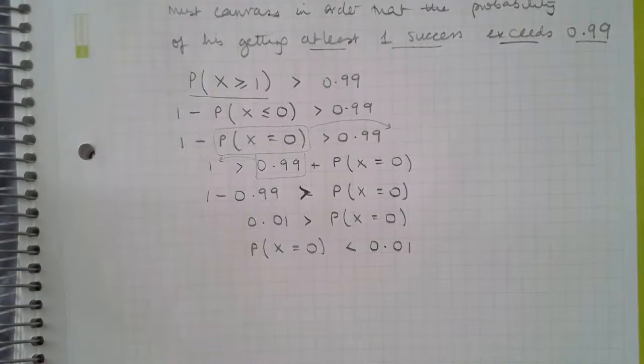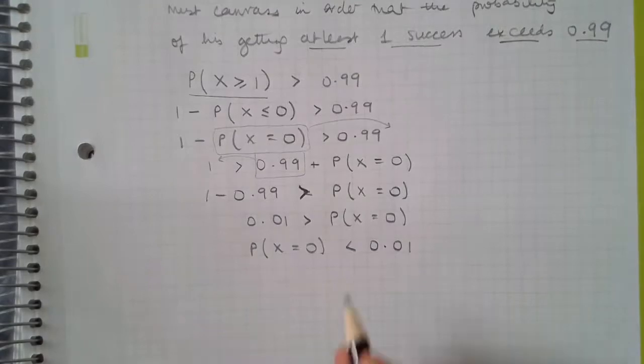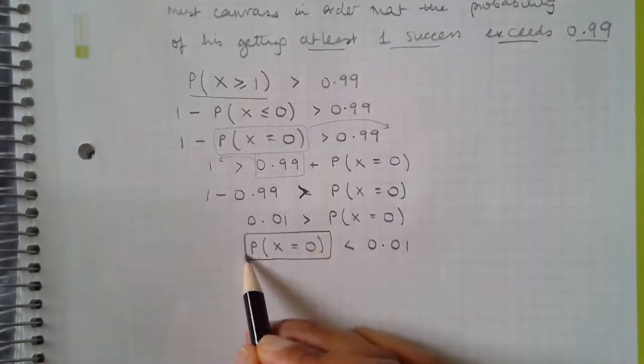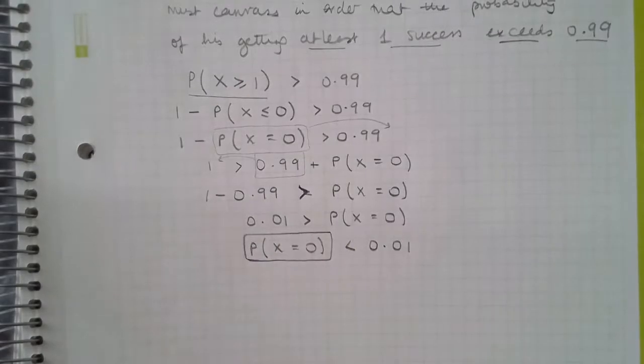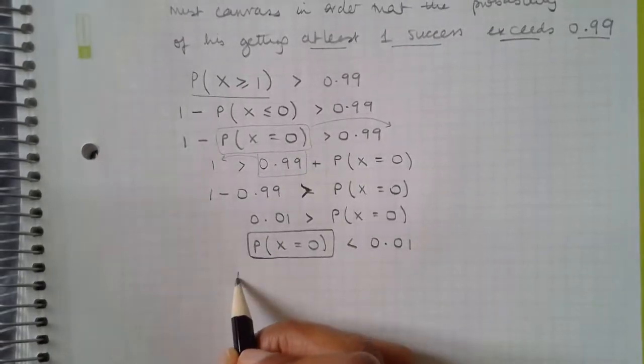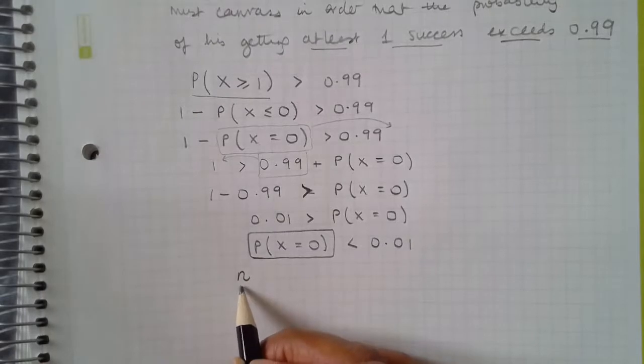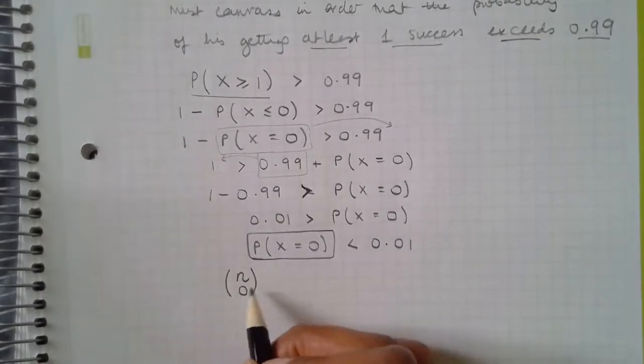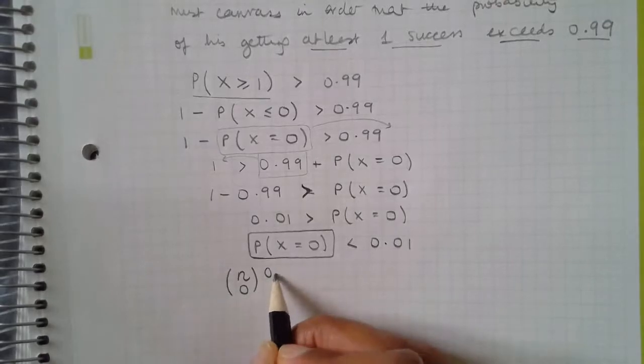Now at this point, you are expected to rewrite this in binomial. So out of n, you have combinations for 0. The probability of success, which is 0.05, is to the power of 0. Oh, sorry, this one is 0.